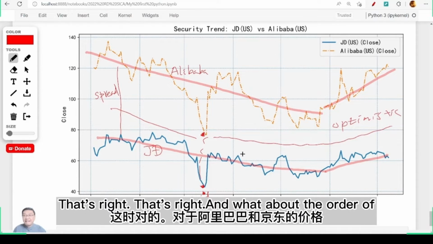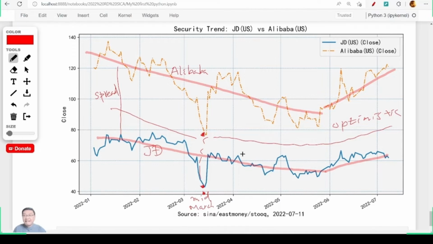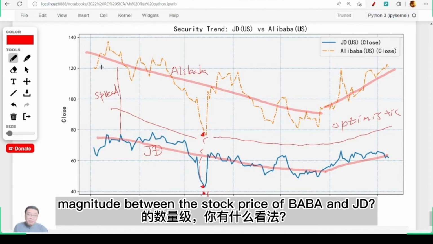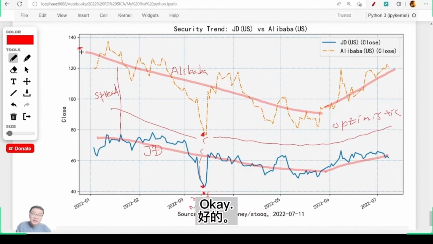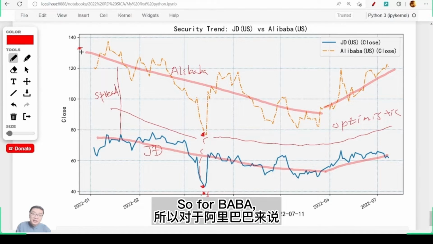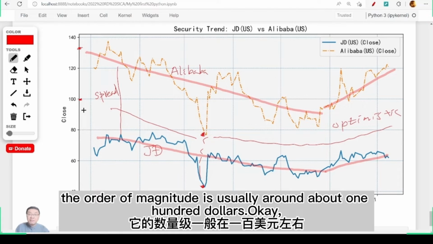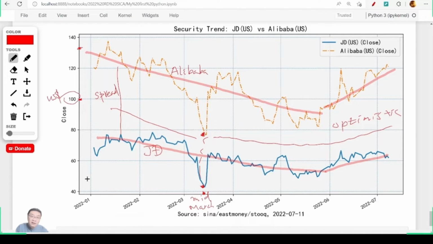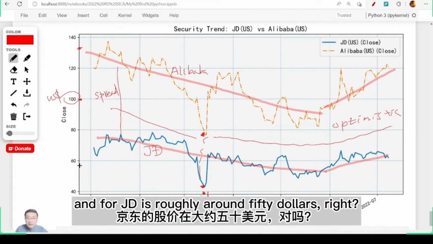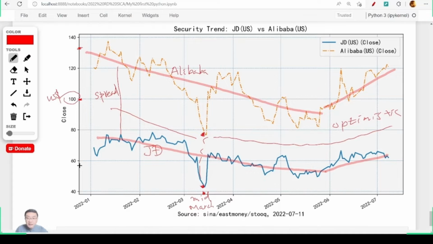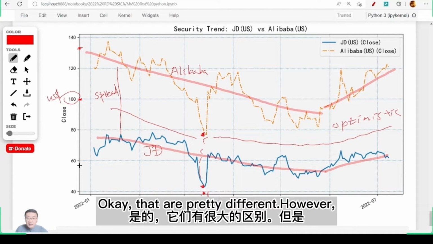That's right. And what about the order of magnitude of the stock prices of Alibaba and Jingdong? For Alibaba, it is usually around $100, right? And for Jingdong, it's roughly around $50. Yes. Okay, that is pretty different.